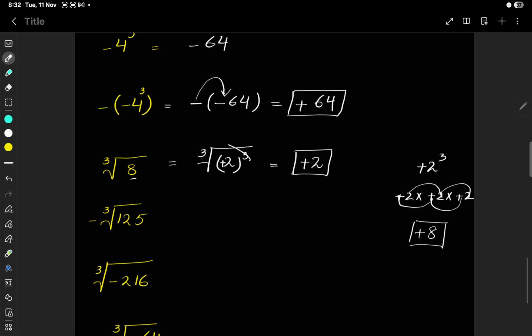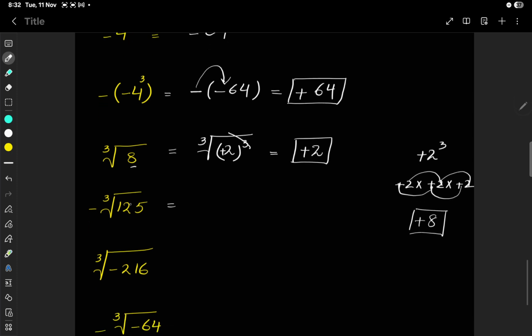Right? In another part, this minus sign is outside of the cube root. So we will keep it outside and we will take the cube root. We will see 125 is the cube of what number. There is no sign with 125, so it will be plus.